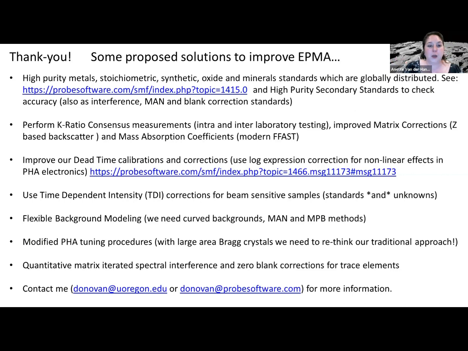I just want to say that this is an advanced applications, recent advances topic. We don't talk so much about all the things that work. We're really trying to give some guidance where there are potential problems. If you do something relatively straightforward, most existing softwares handle things like normal Big Ten element characterization in non-beam sensitive minerals, and it's working pretty well.